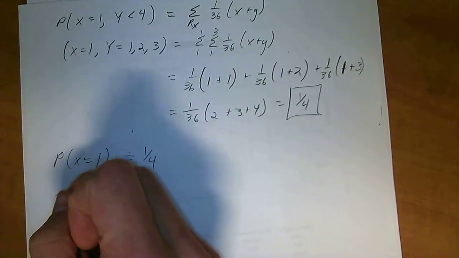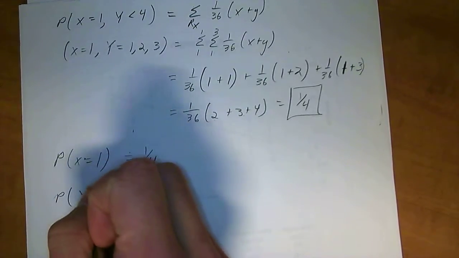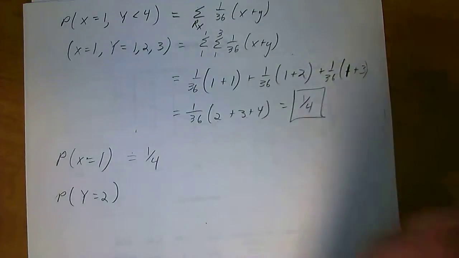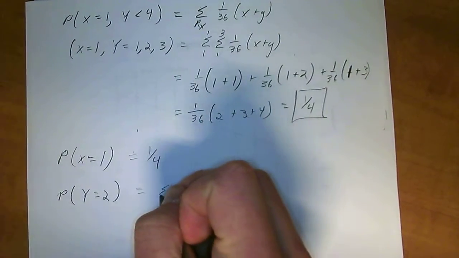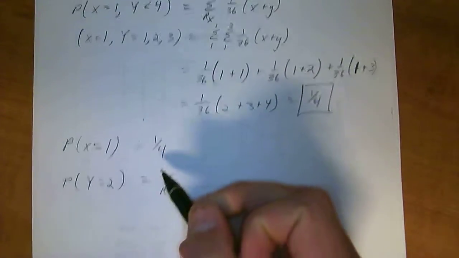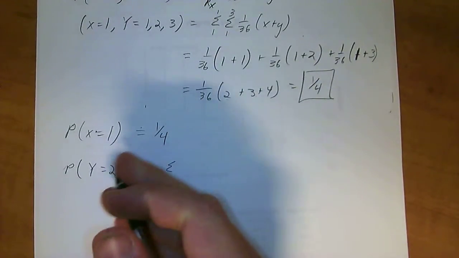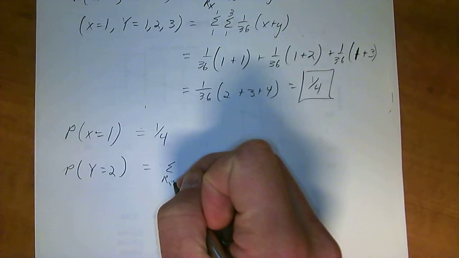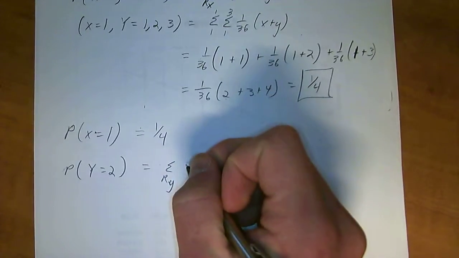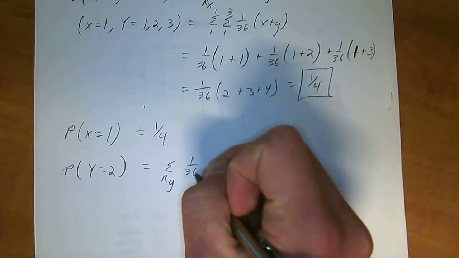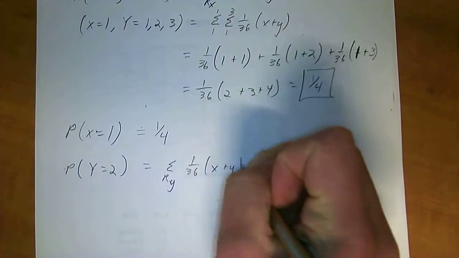And then you have the probability of y equal to 2. This one's a little bit different, but again, it's the sum of all points where y is equal to 2. So in this case, we're going to have y and all the combinations of 2 that go with x. Now R of y is equal to 1 over 36 of x plus y.